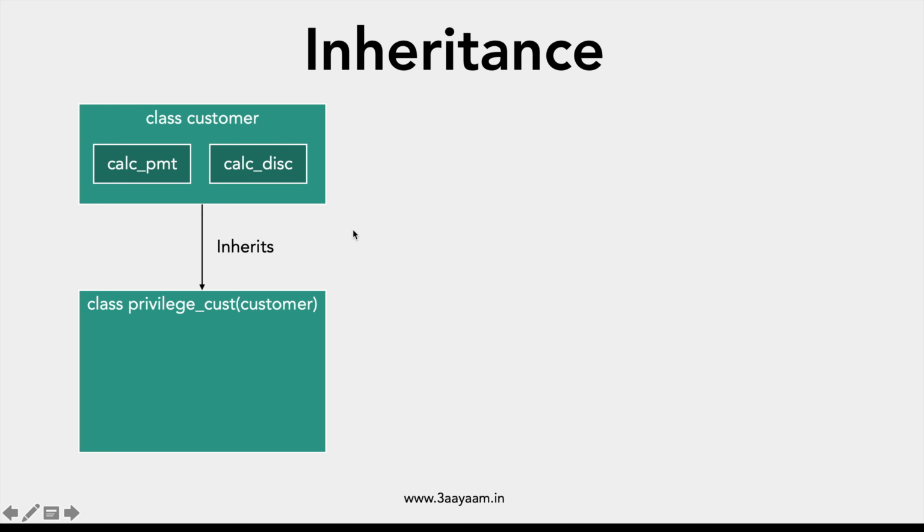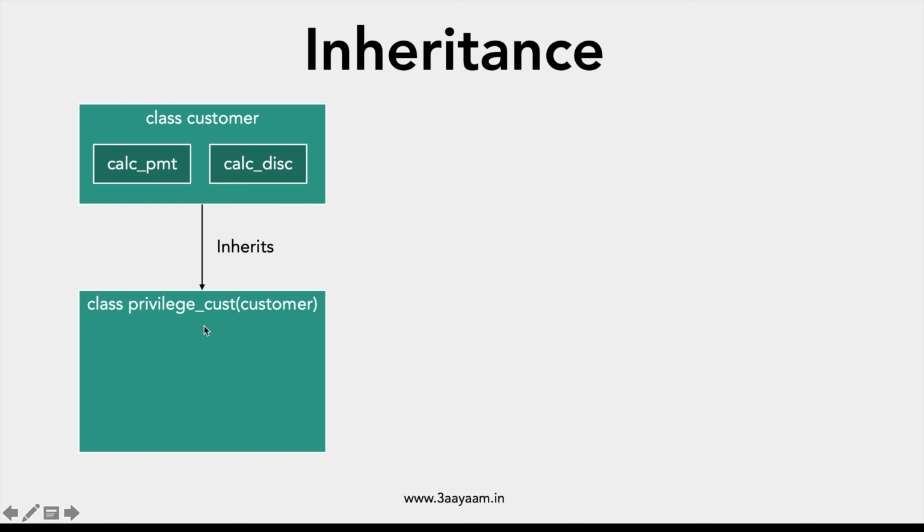Now, the question is, what is the difference? The customer class has calculate payment and calculate discount methods, or maybe some other instance variables, class variables, etc. Maybe you want to use these and do some modifications also.